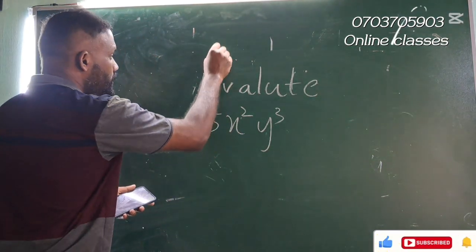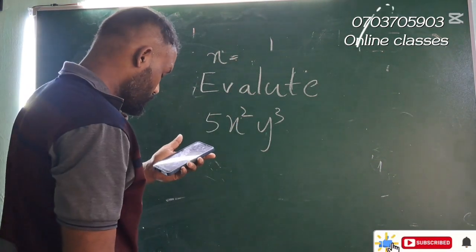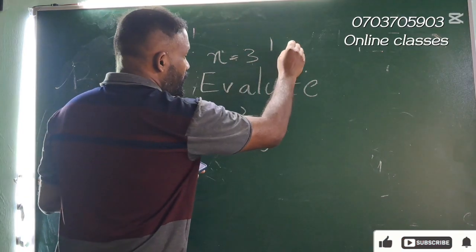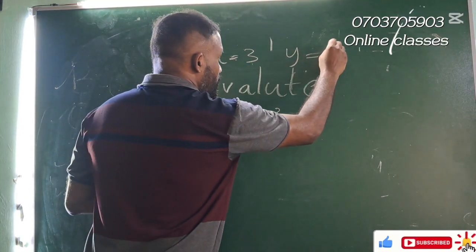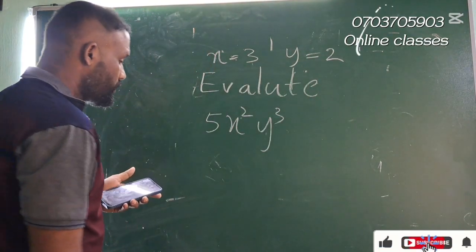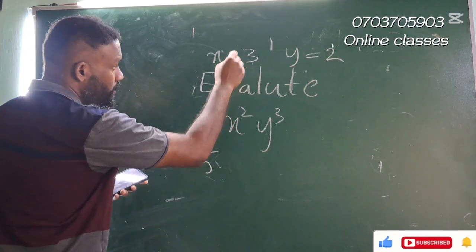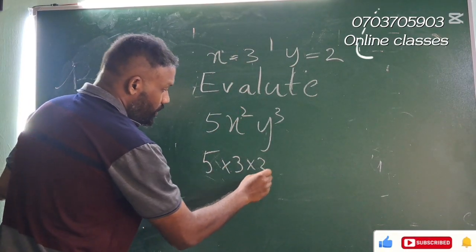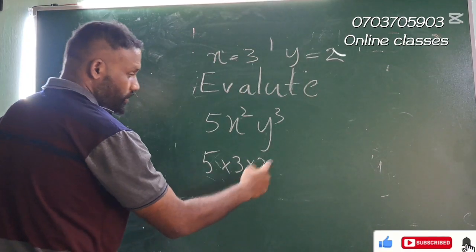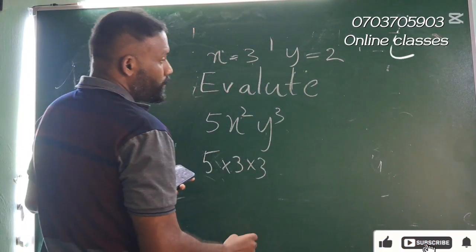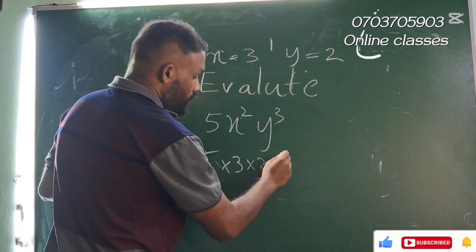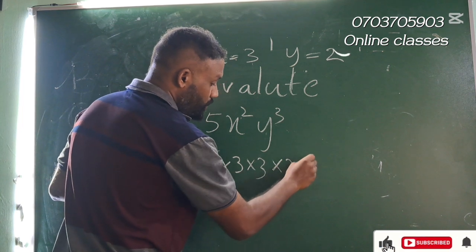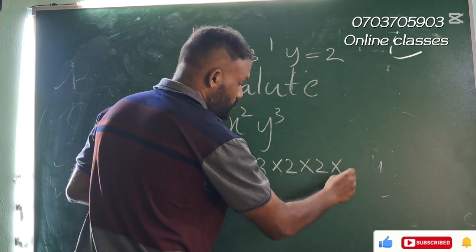Evaluate, right? The x value is equal to 3, the y value is equal to 2. Now we have to substitute. 5, x means 3, so 3 times 3. x squared means 3 times 3. y to the power 3 means 2 times 2 times 2.